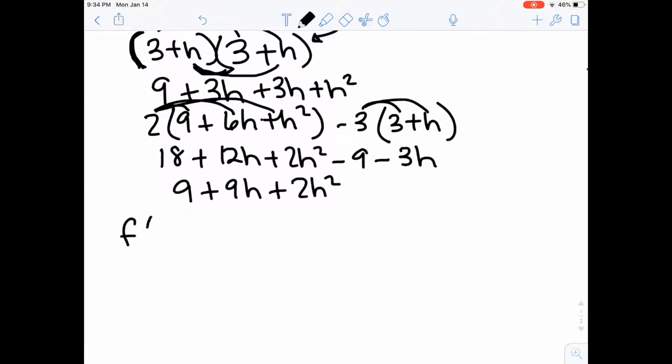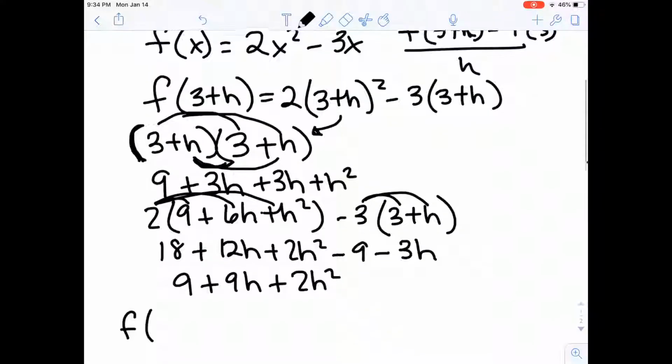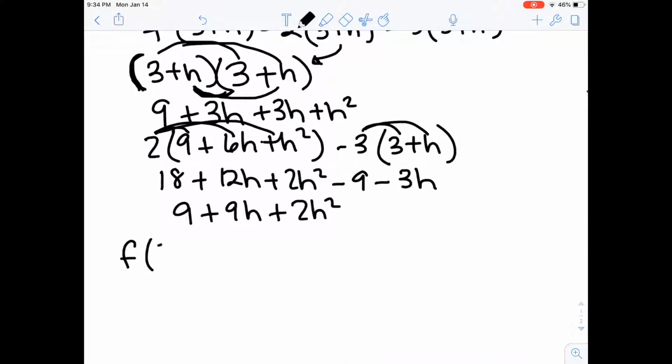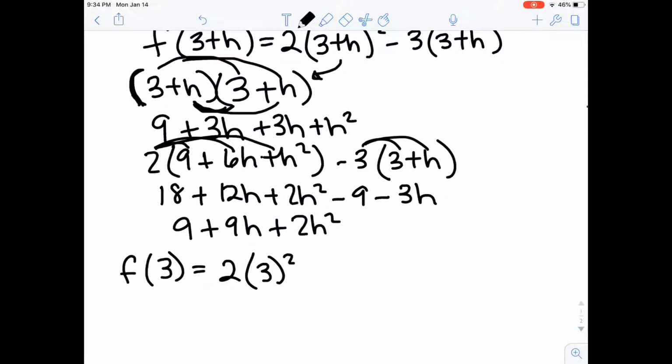Now I'm going to evaluate the expression f of x at f of 3, right? So wherever I see an x, I'm going to substitute 3. So I have 2 times 3 squared minus 3 times 3.